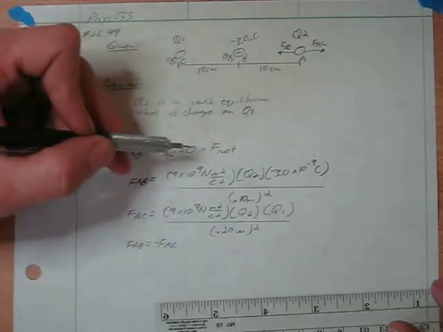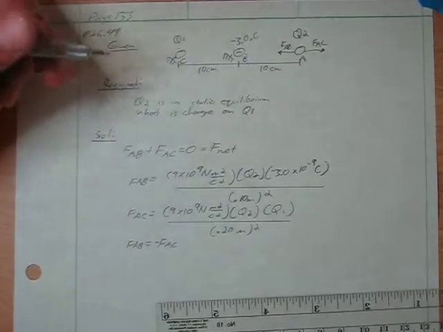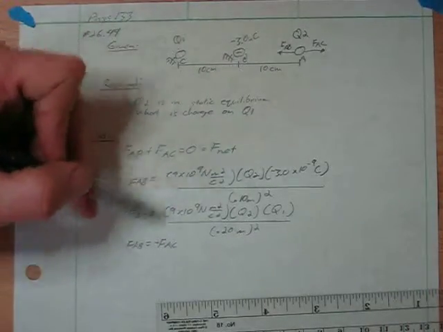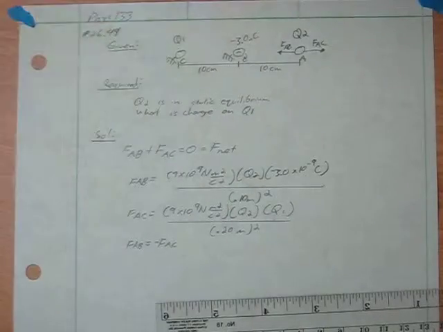And in doing so, we're going to find that a lot of these terms can just be divided out. The k constant will be divided out, as well as Q2 goes away.